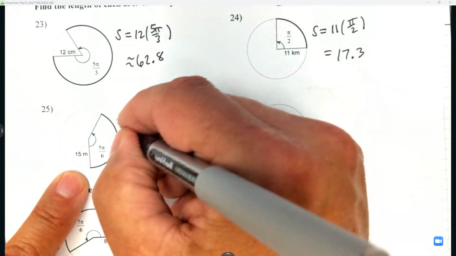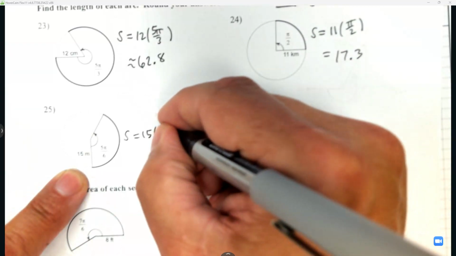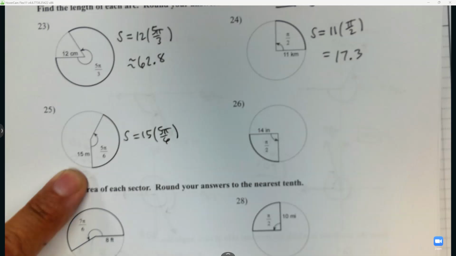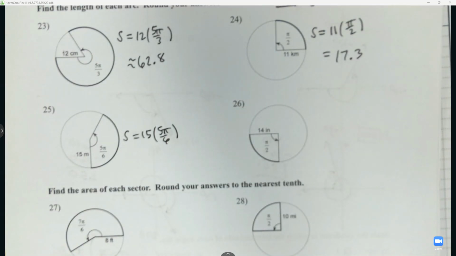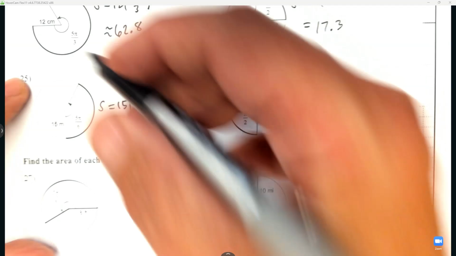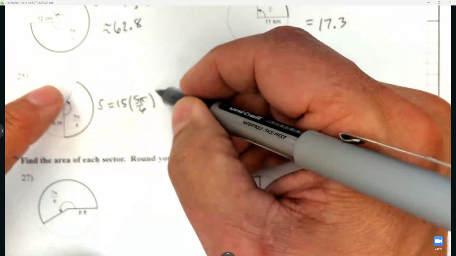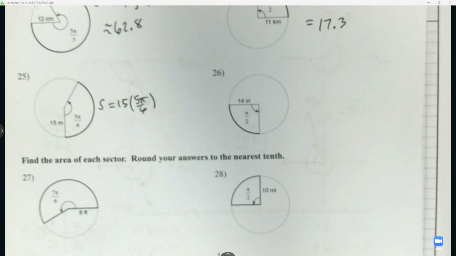The radius again for the arc length is 15, and it's in radians. That's 5 pi over 6. If it was in degrees, you just have to go pi over 180 into the formula and you'd have the same answer.